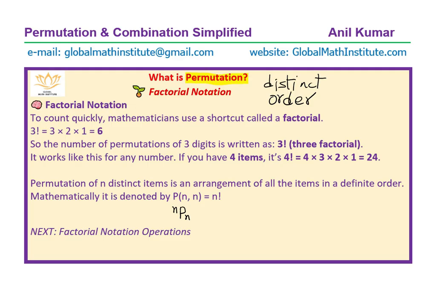Next, let's look into factorial notations, their operations, since they are very important in counting the number of ways. So now we have understood that when we are arranging all the items in a defined order, it's all about permutation, which is written as P(n,n) in brackets or nPn, right?